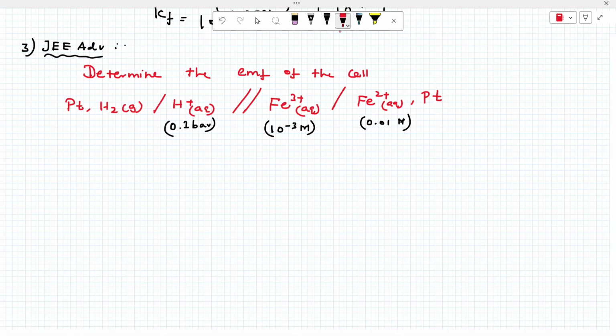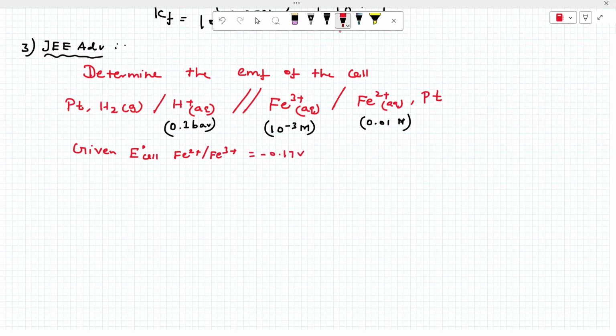What is the given value now? The E0 cell of Fe2 plus becoming Fe3 plus is minus 0.17 volt. We have to find the E cell value.